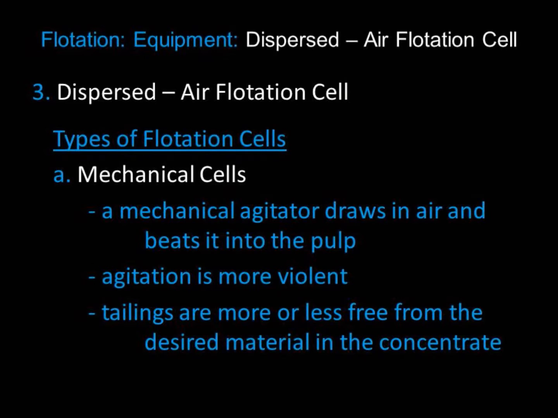Let's now discuss dispersed air flotation units, which is the third type of flotation equipment. Dispersed air flotation involves the generation of air bubbles, either pneumatically or by mechanical means. In both cases, relatively large air bubbles of at least 1 millimeter are generated.